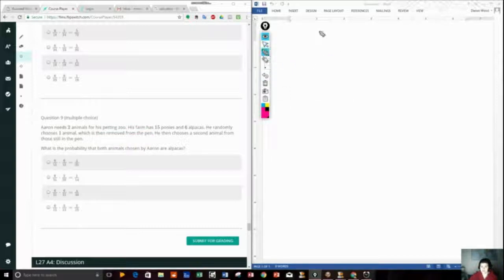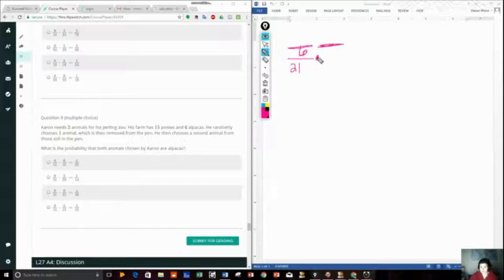And so I'm going to just talk this out. So picking the first animal versus picking the second animal. Well, in the first selection, he has 6 alpacas that he could choose from out of a total of 15 plus 6, which is 21. So in the first pick, he has 6 options out of the 21 animals.